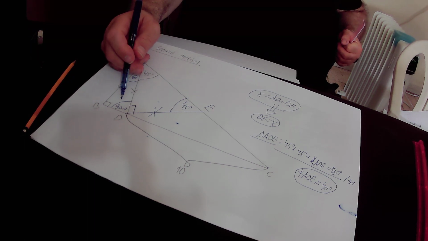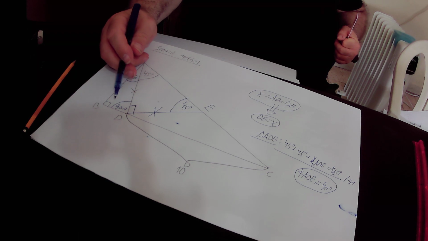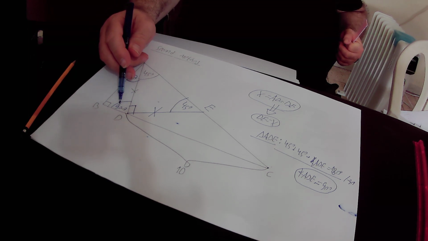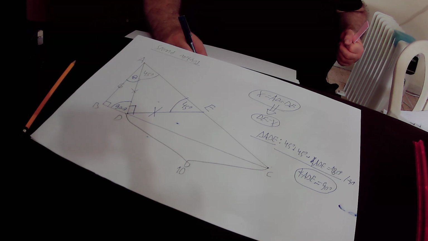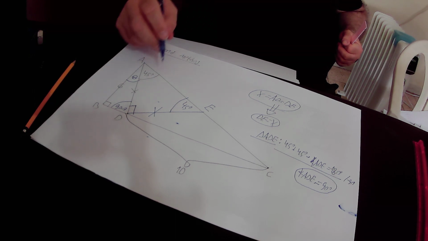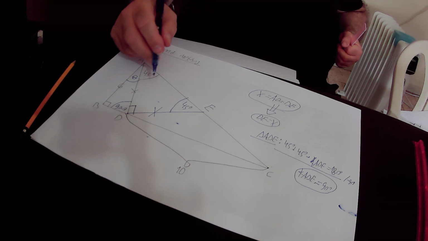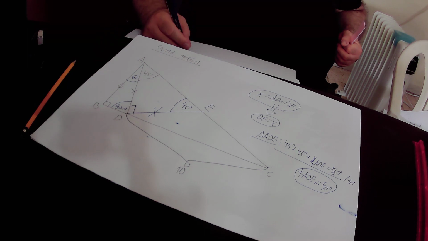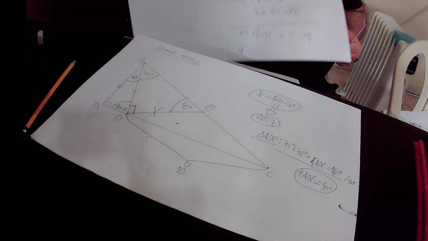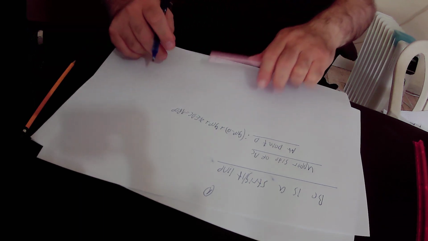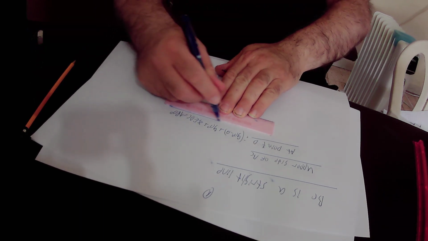Which angles do we have on the upper side of the straight line BC at point D? We have here 90 degrees minus theta, and we have here 90 degrees, and we have the missing angle, that is angle EDC. In total, the sum of those three angles must be equal to 180 degrees.